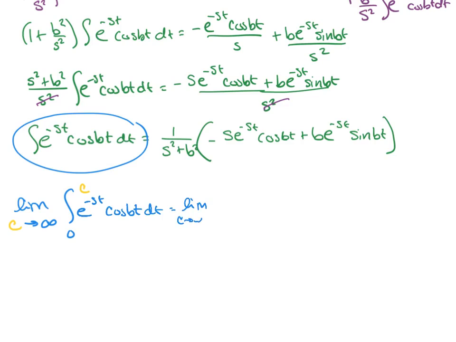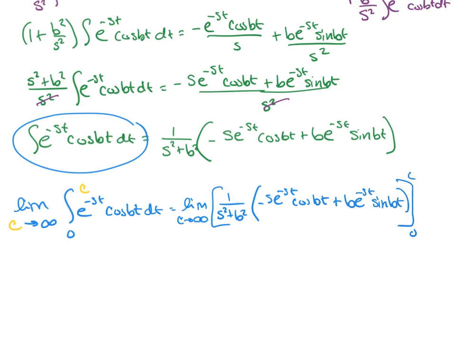As c goes to infinity of 1 over s squared plus b squared times negative s e to the negative st cosine bt, oh, make that cosine bt, and plus b e to the negative st sine bt as we integrate from 0 to c.